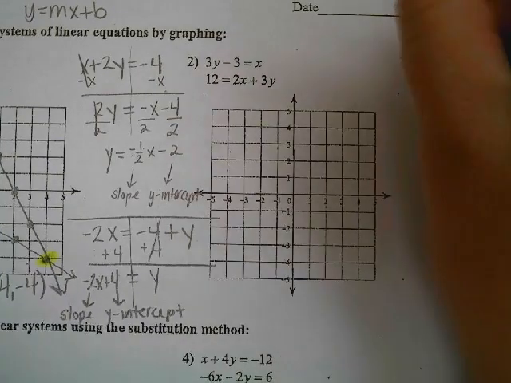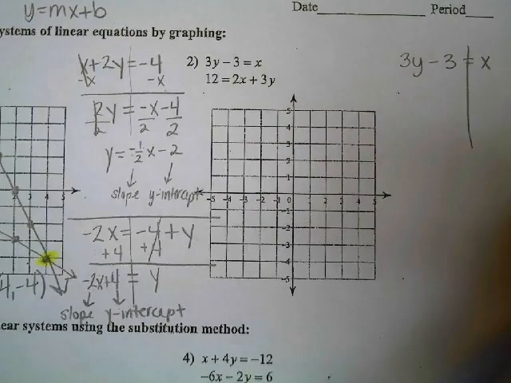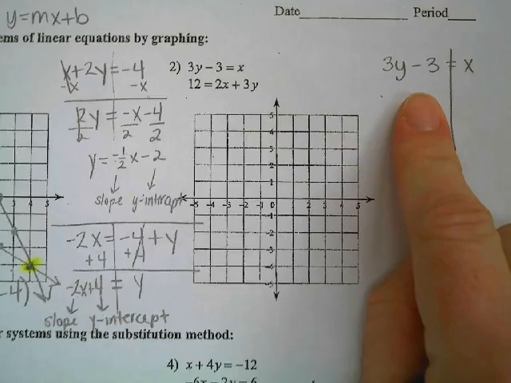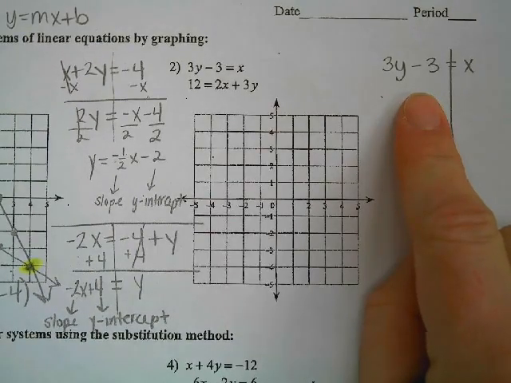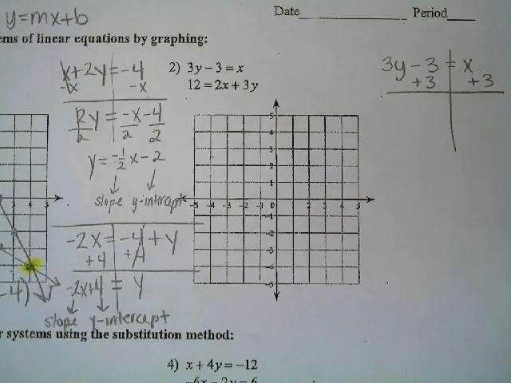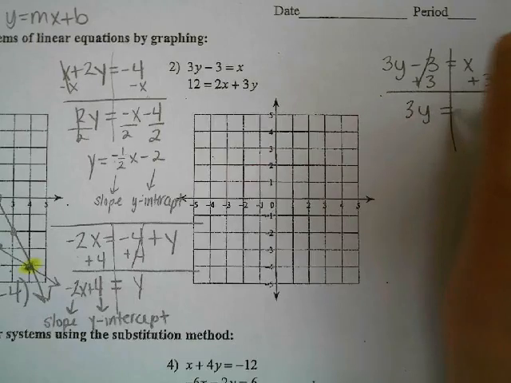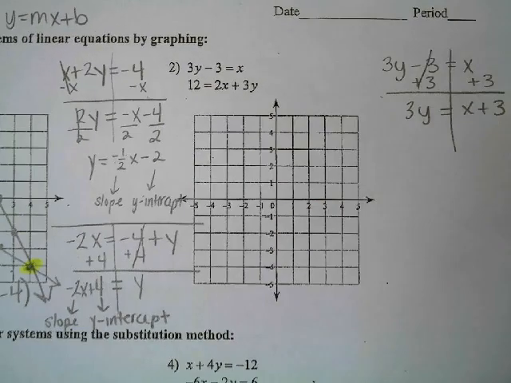You have to start out by putting both of these equations in slope-intercept form. So starting out with the first equation, 3y minus 3 equals x. Start by adding 3 to both sides. So now you have 3y equals x plus 3.